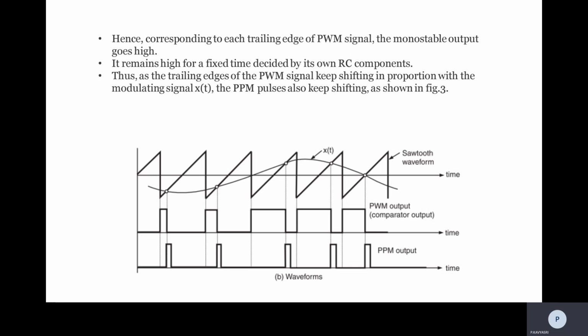In the third waveform, we get a pulse position modulated output. Here the trailing edges of the PWM signal keep shifting in proportion with the modulating signal x of t, so the PPM pulses also keep shifting. If you observe the third waveform, the position keeps shifting.